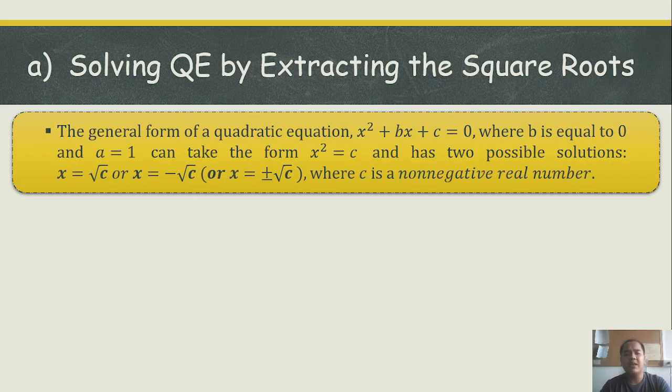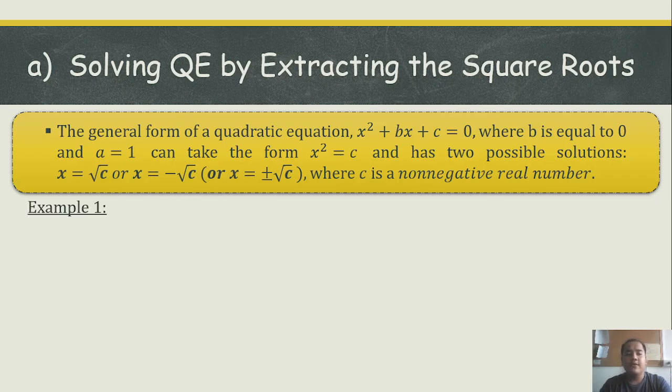So again, class, let me explain why c should be a non-negative real number. Because if you take the square root of a negative integer, for example the square root of negative 1, the answer we get is an imaginary number, not a real number.